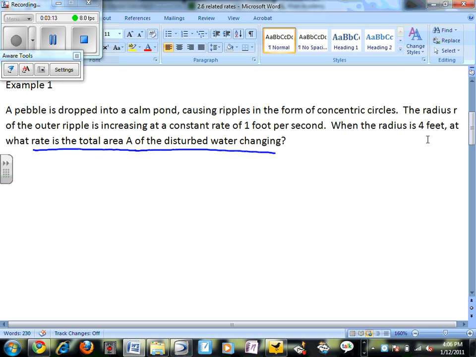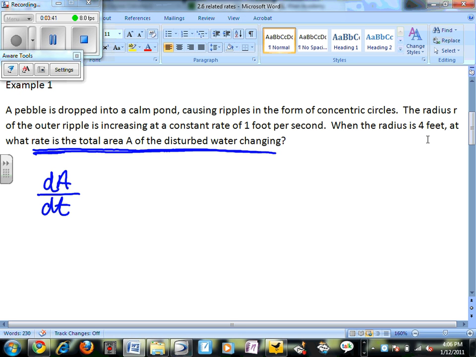So in fact, we're looking for the rate of the area, dA dt, the rate at which the area is changing. I'm using A for area with respect to time. Anytime it says rate, it's probably going to be a derivative, because when we take derivatives, we're finding the instantaneous rate of change. So we're looking for the instantaneous rate of change of the area, dA dt.